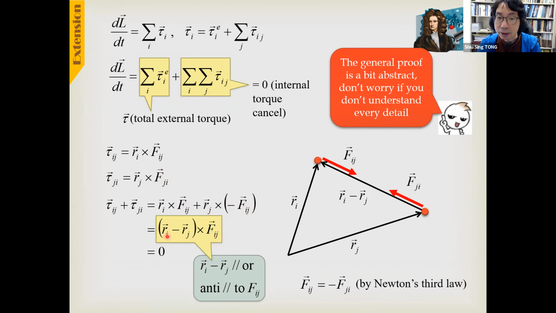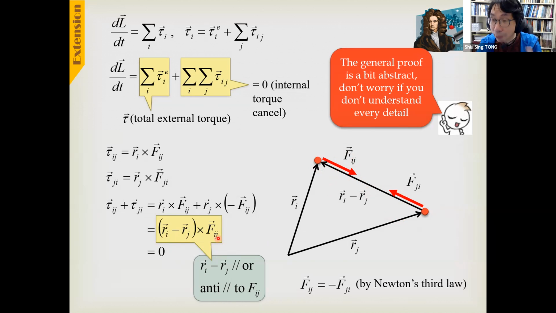But you can see that the force actually acts along the direction between the two particles. The force acts along the line joining the two particles. And also Ri minus Rj is this vector, which is also along the line joining the particles.